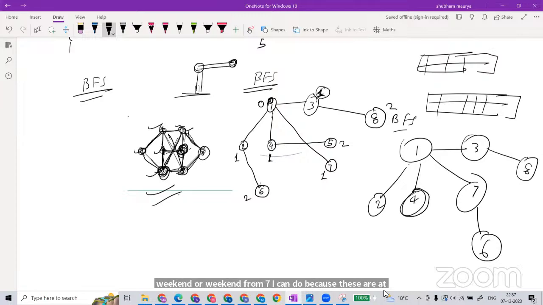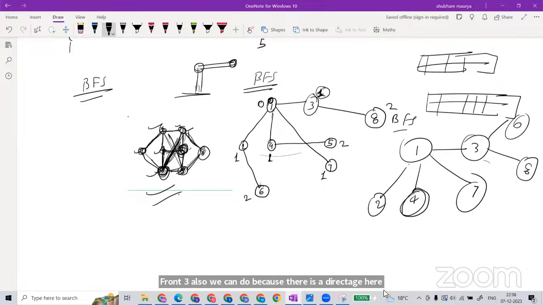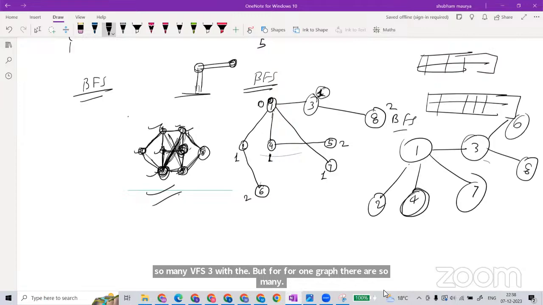So this will be another BFS tree. From 3 also we can do it, because there is a direct edge here. So there are so many BFS trees for one graph. Is that clear? Yes, sir.